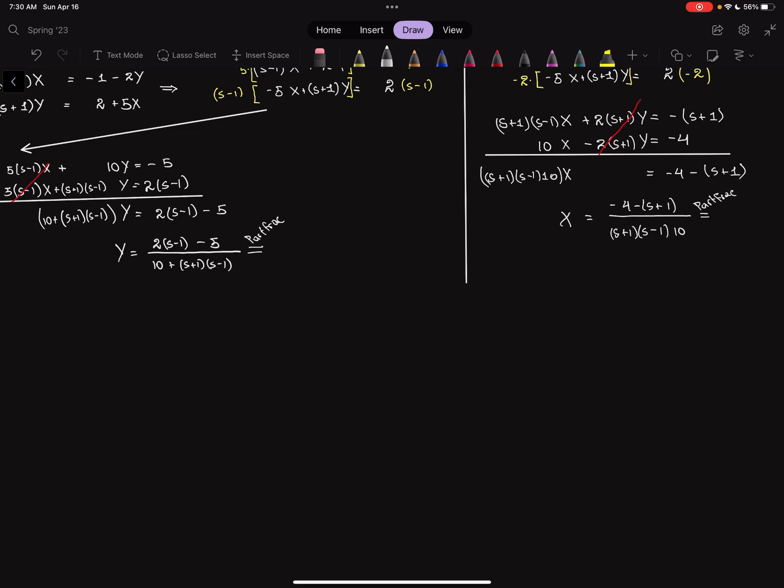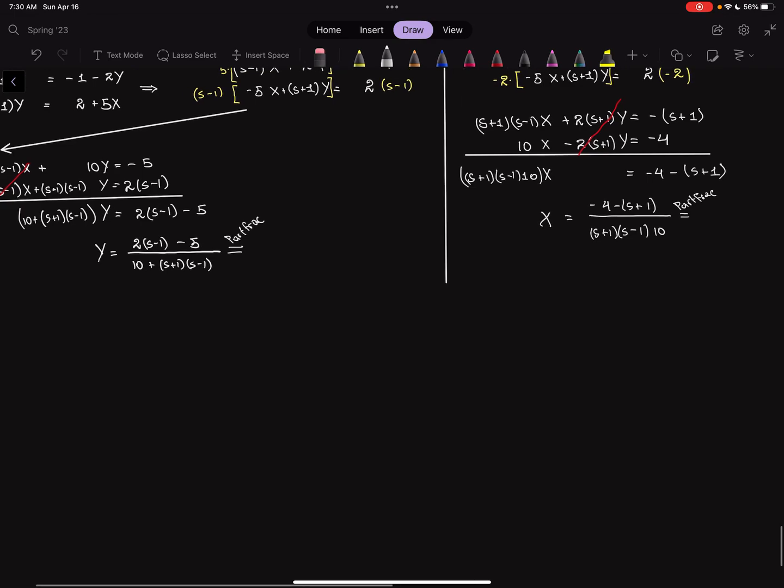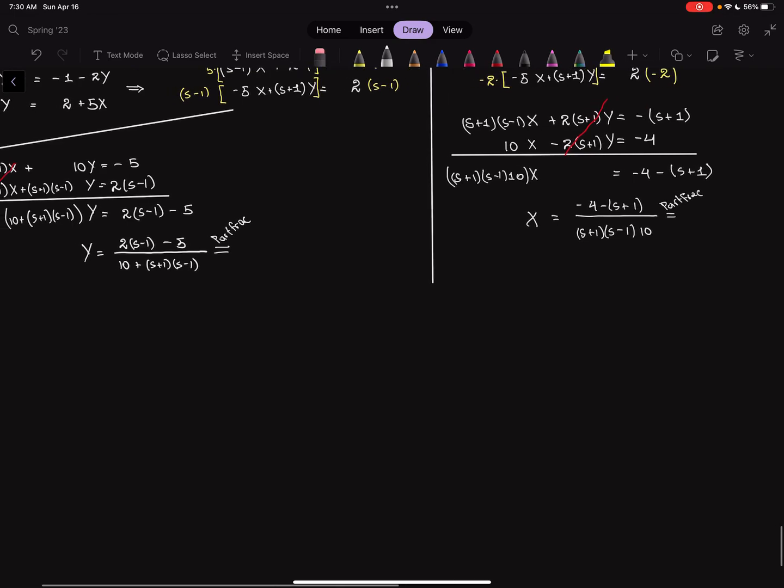And then we're going to do the same thing for X. So this is our Y of t. And then we're going to do the same thing for our X of t, where the denominator, I think I made a mistake in the denominator here.